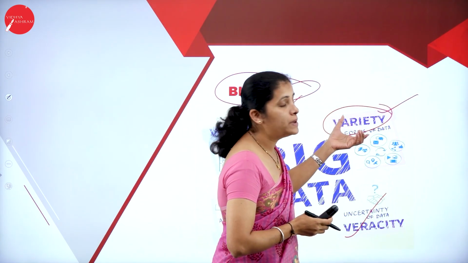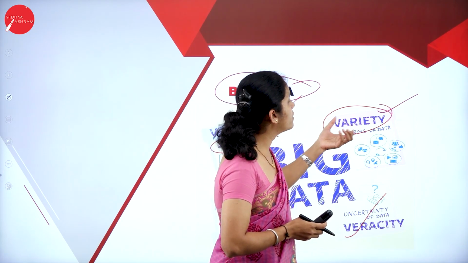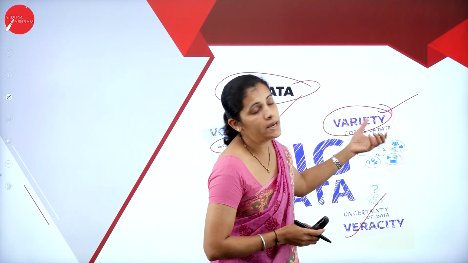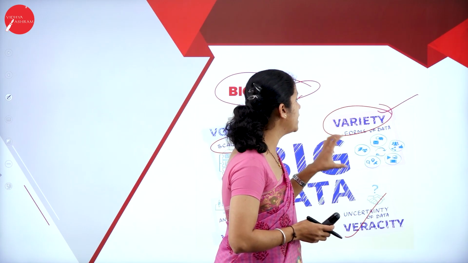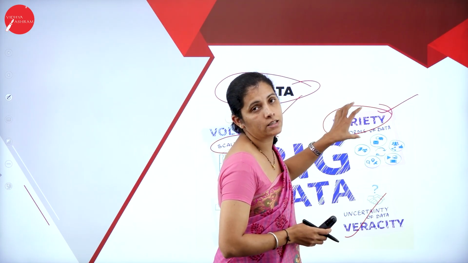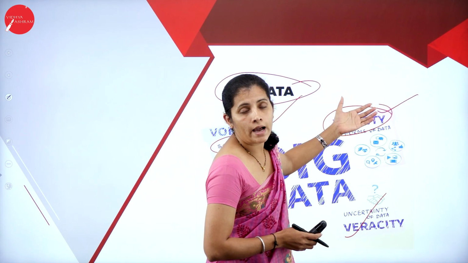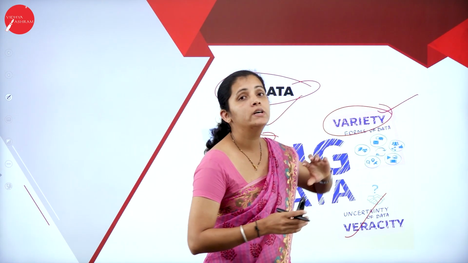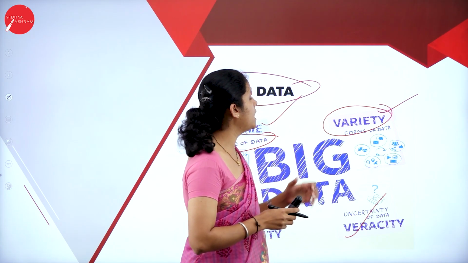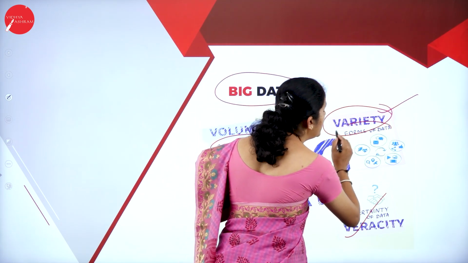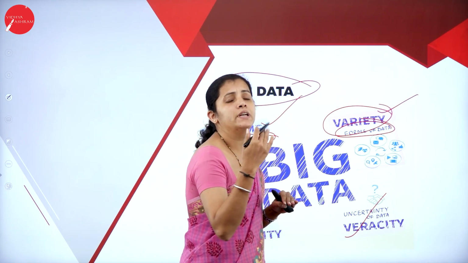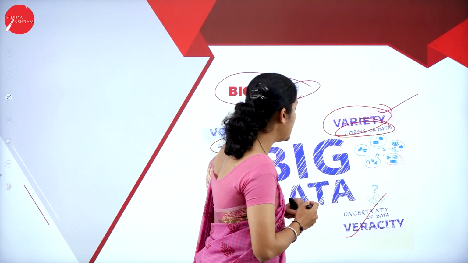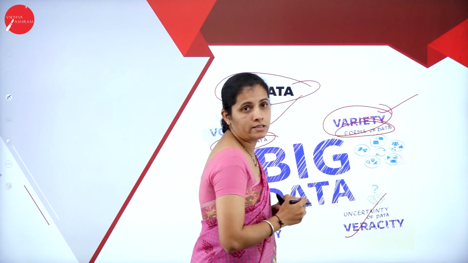It may be social media, Facebook, email, or any other kinds of data, including online data such as e-commerce. So it holds a variety of different kinds of data. Then we are going to have veracity.